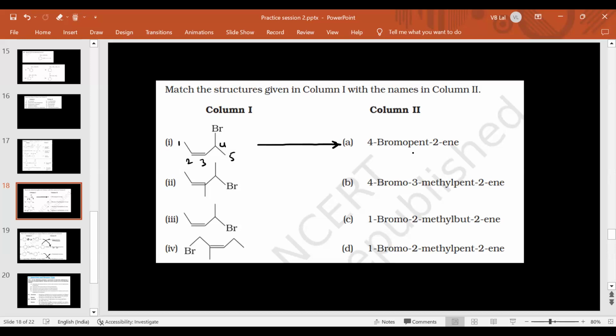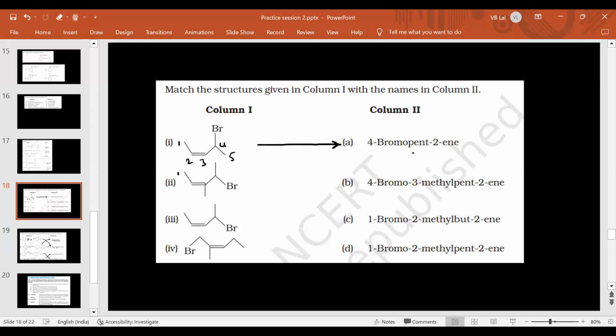Then the next one. Then 2 is which one? So again, start counting from the side which is nearest to the double bond, right?